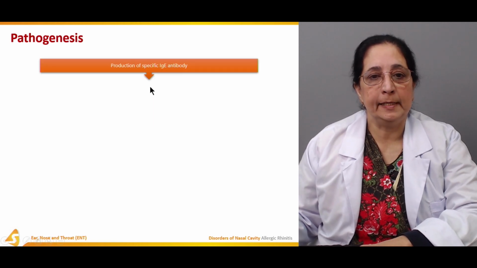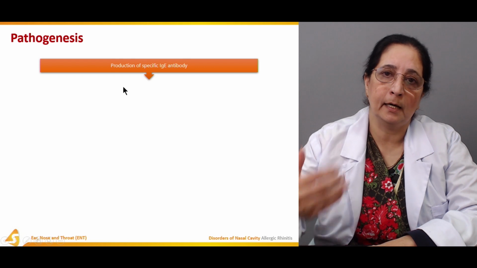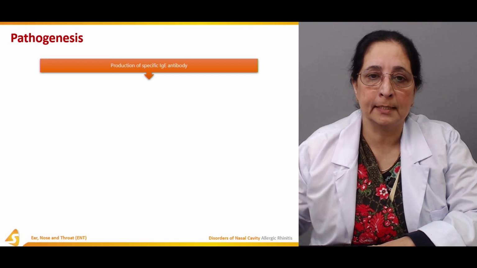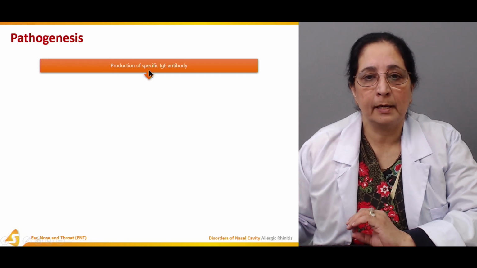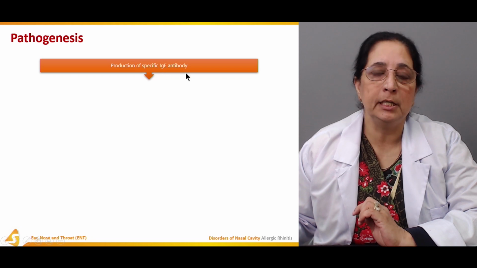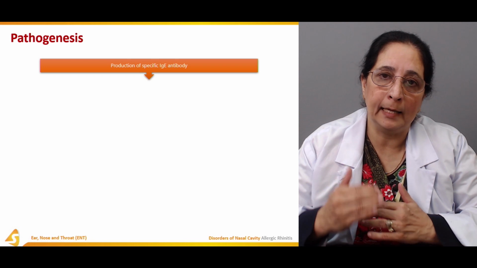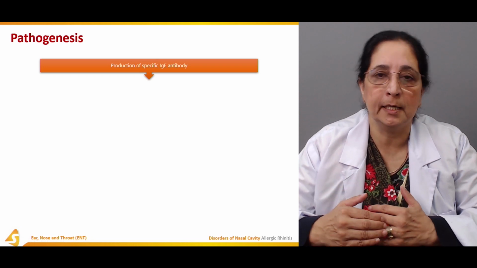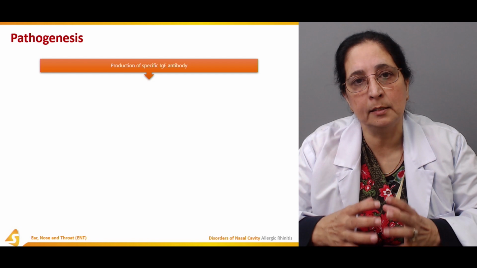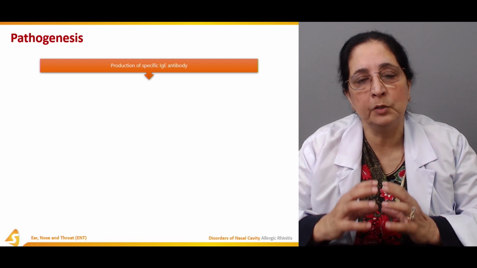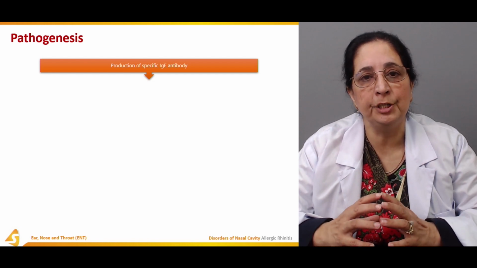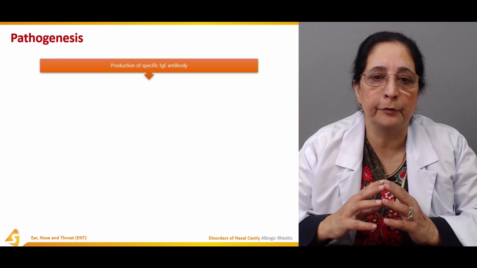The pathogenesis: how it starts and how it progresses. Production of specific IgE antibody. So once the antigen or allergen to which the person is allergic enters the body, in response to that allergen, IgE antibody is produced.